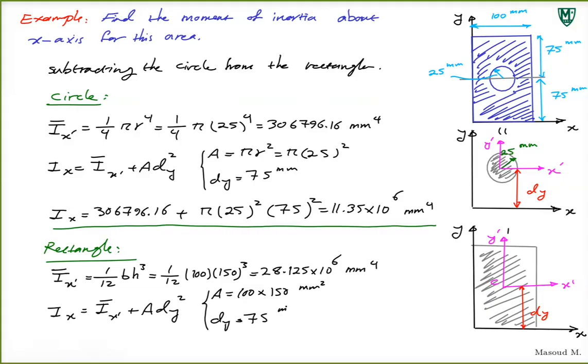This is area, so mm squared. The result, you can find your Ix as 28.125 times 10 to the 6 plus area, which is 100 times 150, times dy, which is 75 squared.